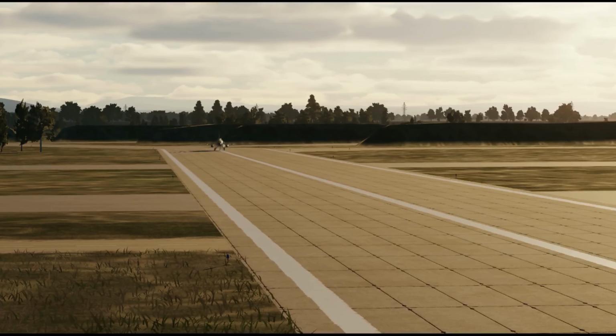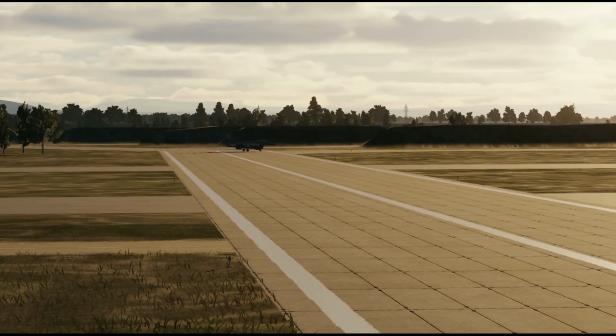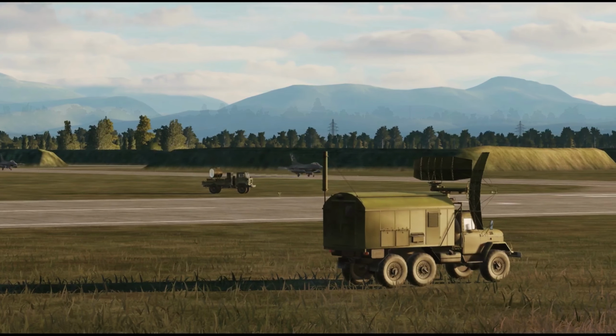The biggest thing I can tell you is that power management is going to make or break how hard or how easy it is for you to join up with your flight members.